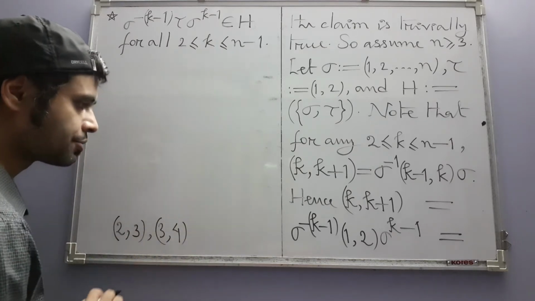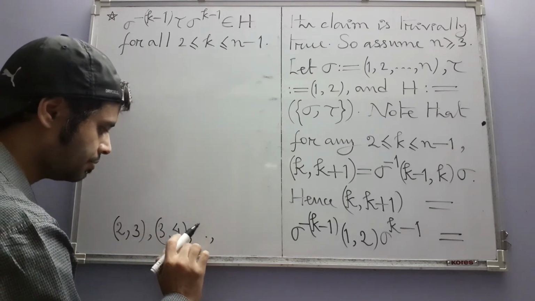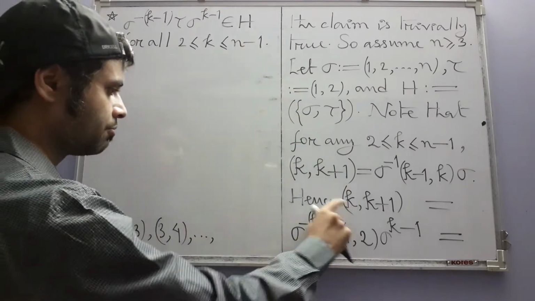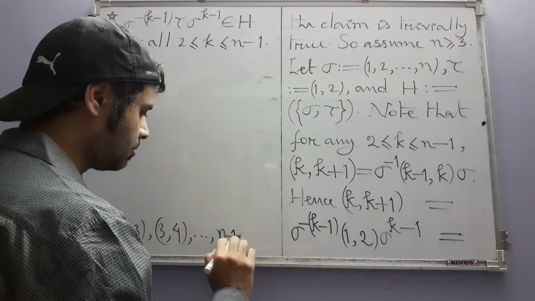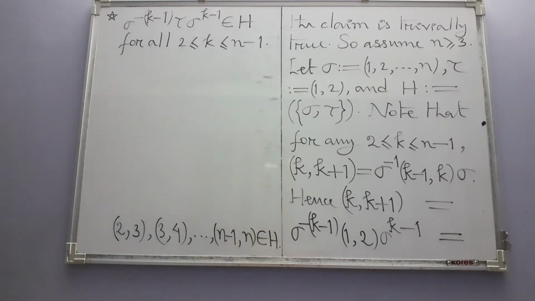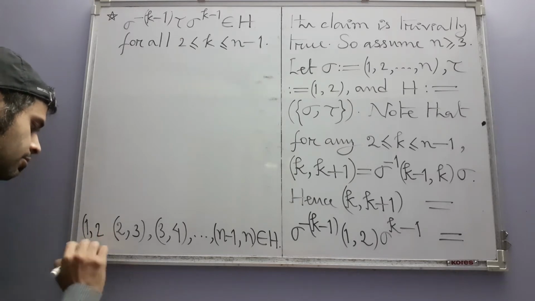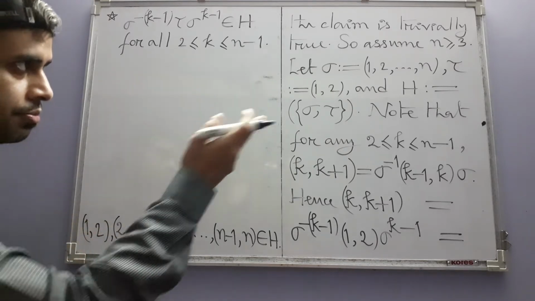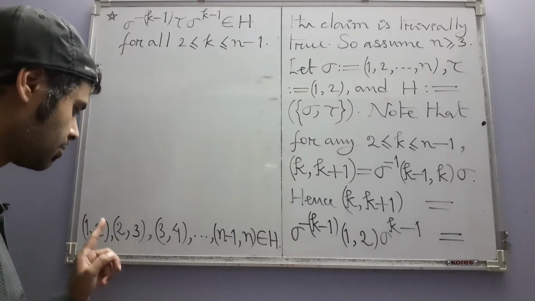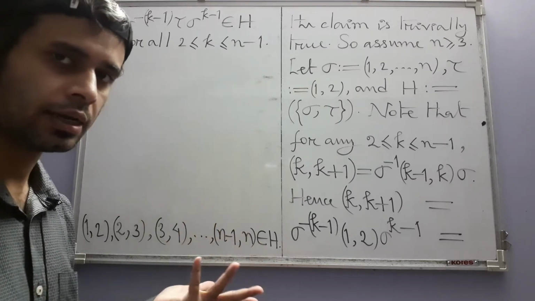This 2-cycle also belongs to H. And like that you go, and when you put k equal to n minus 1, the largest possible value, you get (n minus 1, n) belonging to H. Along with all these, (1 2) is already in H because it's our tau. So we have proved that all of these 2-cycles, (1 2), (2 3), (3 4) and so on up to (n minus 1, n), are elements in H.